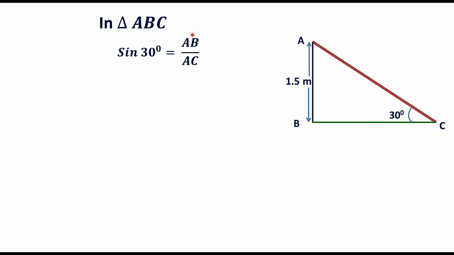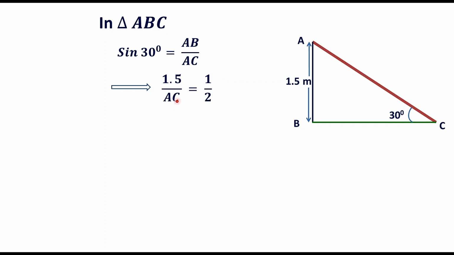So ratio of perpendicular to the hypotenuse means perpendicular by hypotenuse is the trigonometrical ratio sine, and angle of elevation is 30 degree. So sine 30 degree is equal to AB divided by AC, and we know that AB is 1.5 meter. Length of AC we have to find out, and the value of sine 30 degree is equal to 1 by 2.